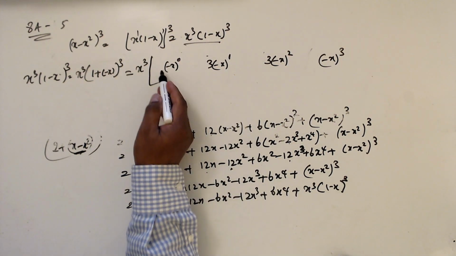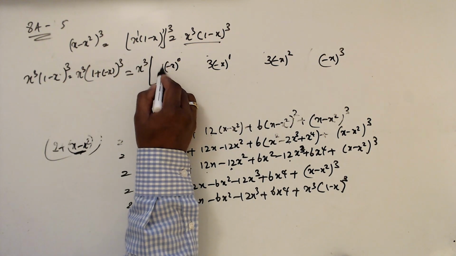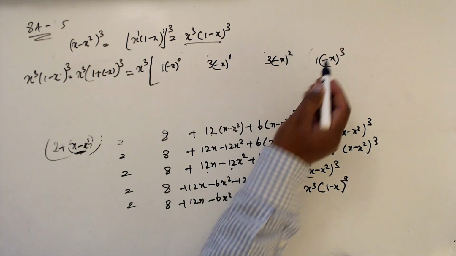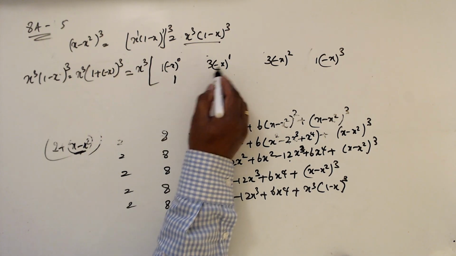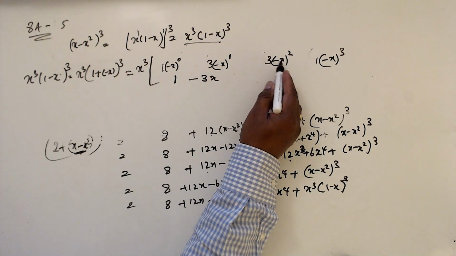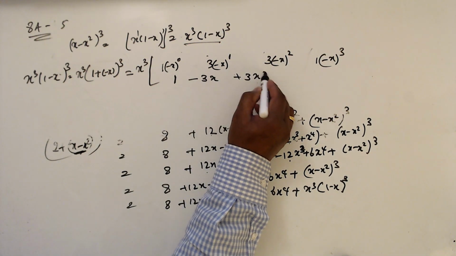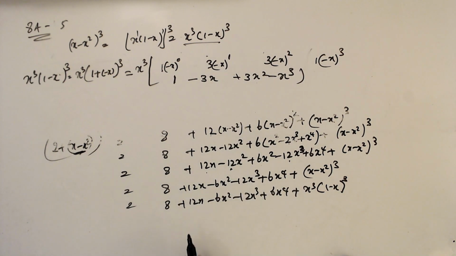So from Pascal triangle it is 1, 3, 3, 1. Now what is this value? 1. What is this value? Minus 3x. What is this value? Plus 3x square. What is this value? Minus x cube.